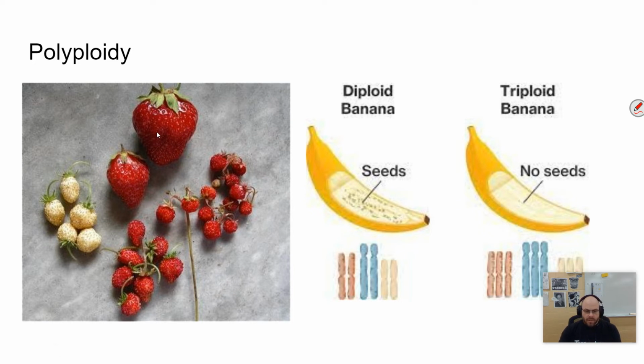Well, these bigger strawberries that you're used to seeing in the grocery store are polyploid strawberries. They're bigger, they're more robust, and so for plants, having more genetic material in this case actually causes it to be more robust.